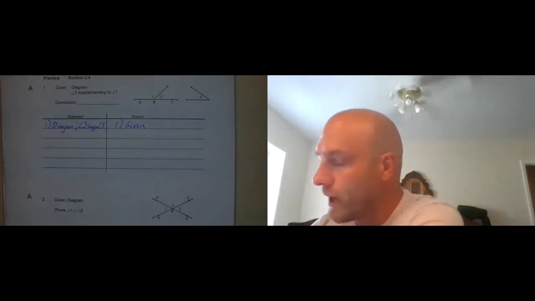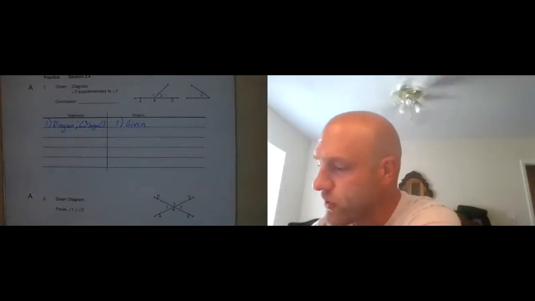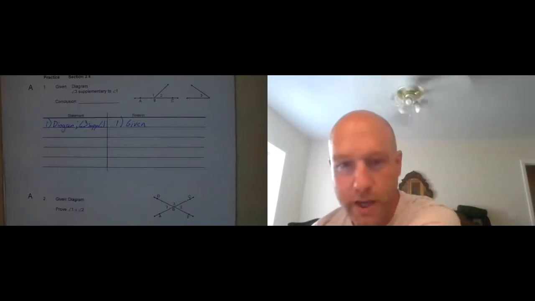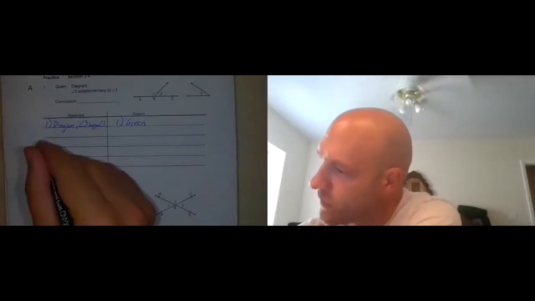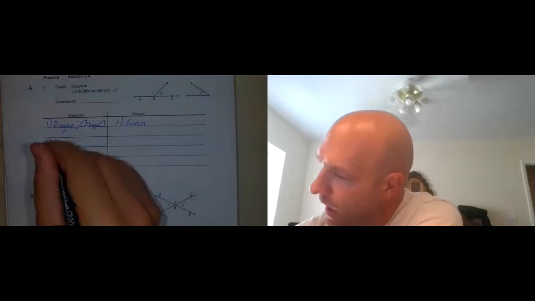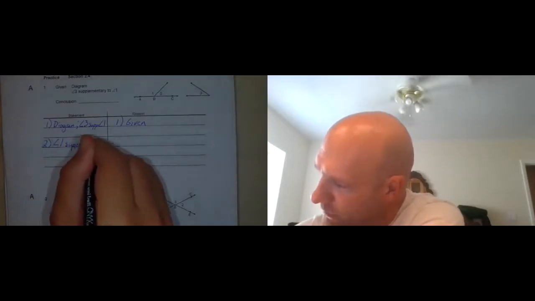Okay. Well, what kind of things can I assume from diagrams? I can assume straight angles, and if angle 1 and angle 2 form a straight angle, then they are supplementary. As mentioned yesterday, I like to do that in a single step. So I'm going to say angle 1 is supplementary to angle 2.